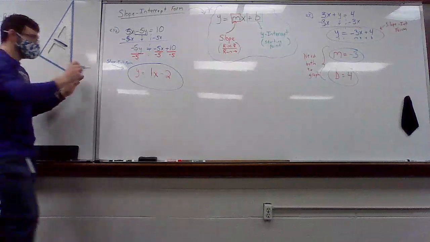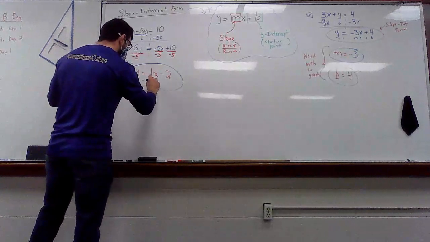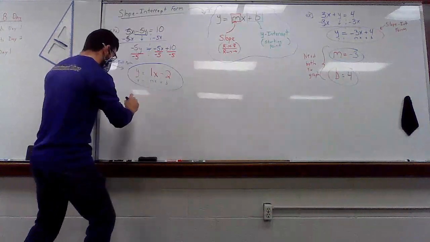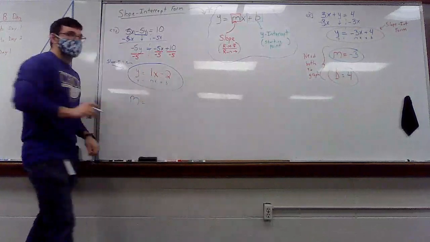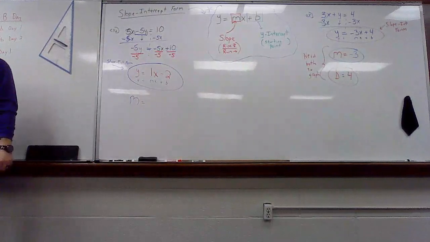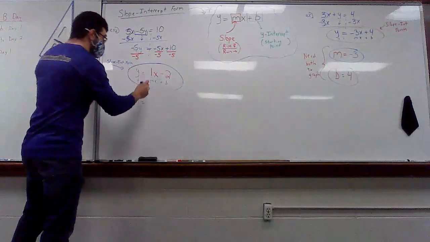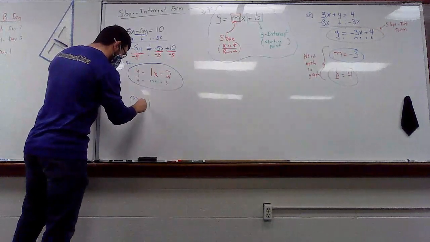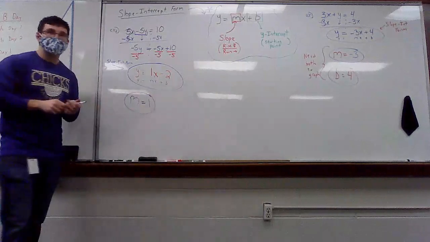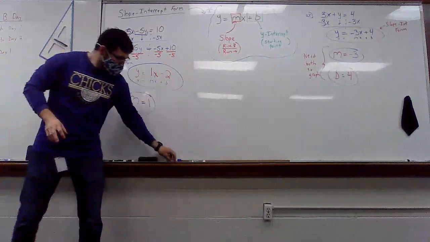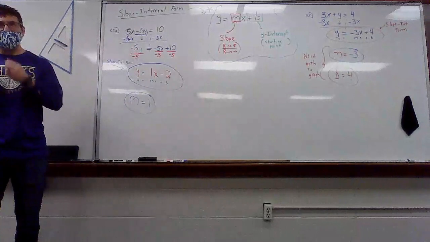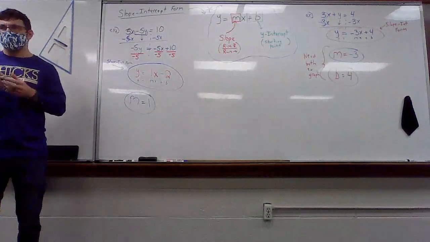Okay. So now I say y equals mx plus b. What's the slope? That's the key today. What's the slope? Maurice? 1. 1 is my m. There's my slope. Just because we have it, what's my y-intercept?